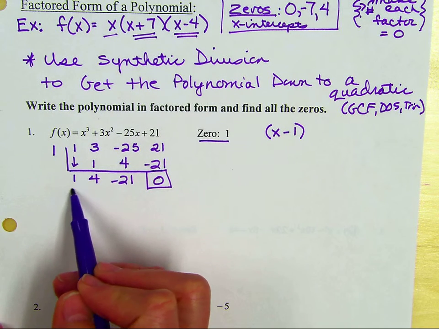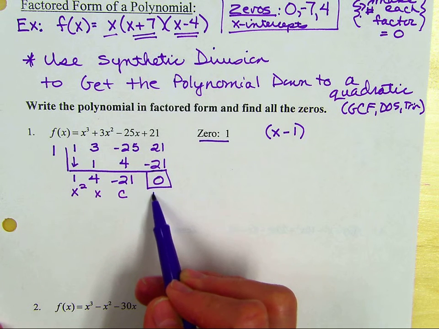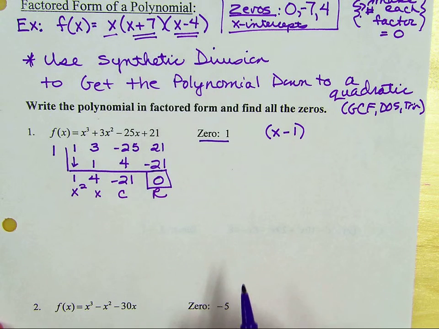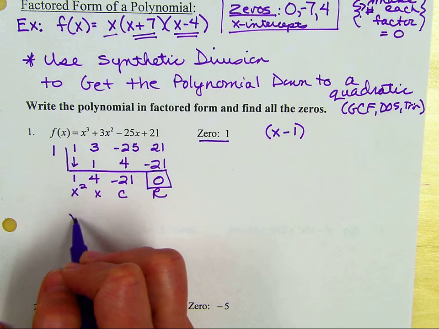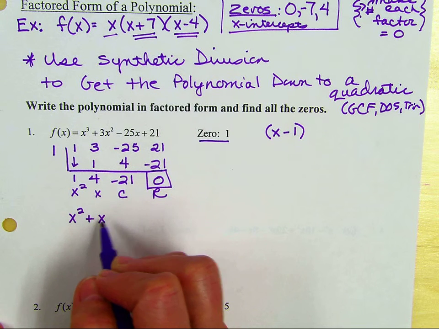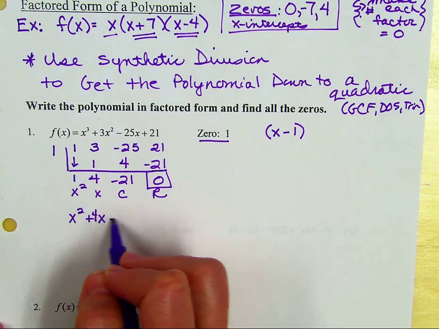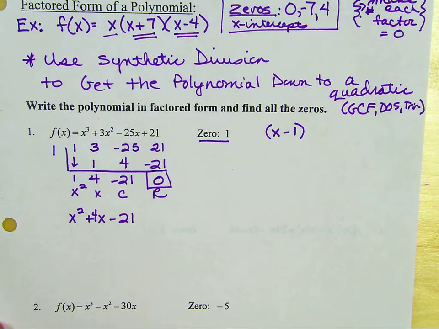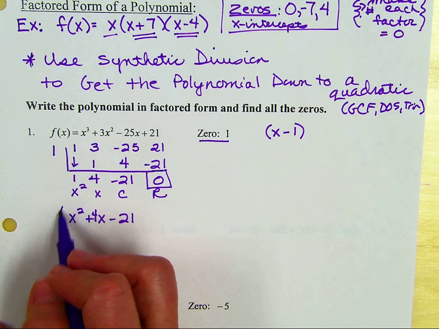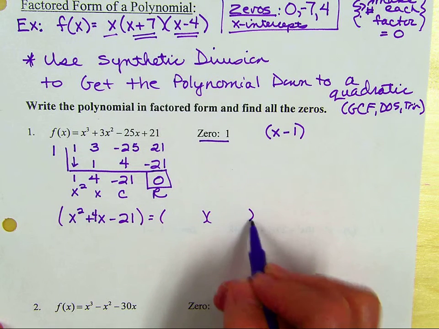I lose 1 degree. This is my x squared, my x, my constant, and my remainder. So this equals x squared plus 4x, forgot my 4 there, minus 21. Now I've got it down to a quadratic, and I'm ready to factor it one step further.